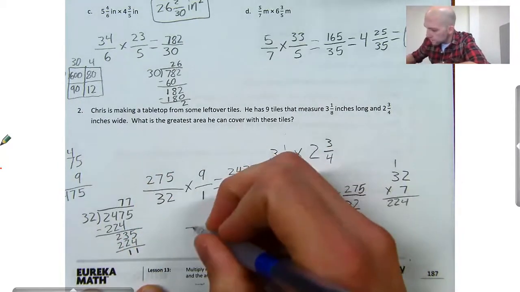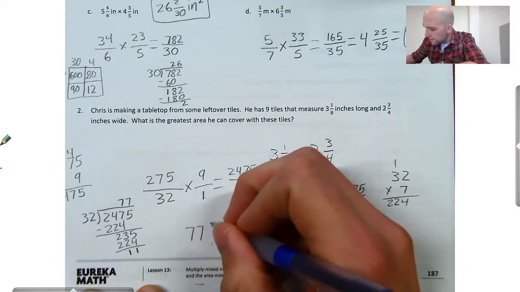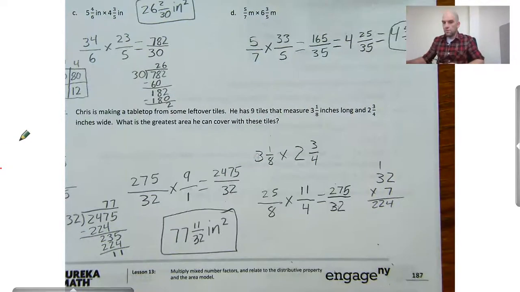So it's going to be 77 and 11 thirty-seconds square inches. That'll be 9 times the area of one of those tiles. So that's the greatest area that he could cover, 77 and 11 thirty-seconds square inches.